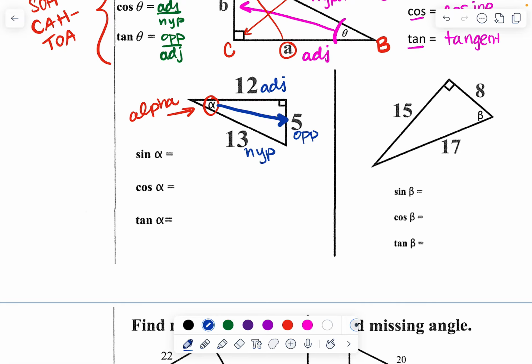And then here's our adjacent. So the sine is, remember, opposite over hypotenuse. So we know that's 5 over 13. Cosine is A over H, which is 12 over 13. And tangent is opposite over adjacent, which is 5 over 12.